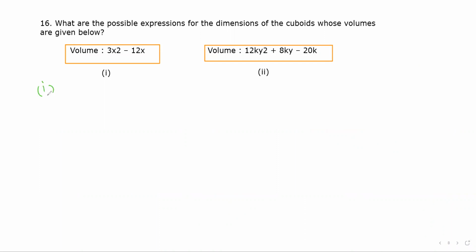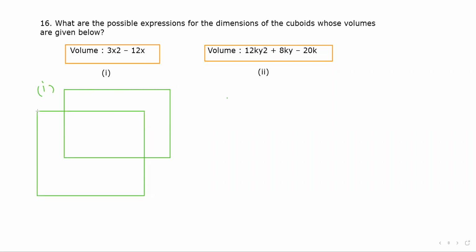The first part, here in the next question, what are the possible expressions for the dimensions of the cuboids whose volumes are given below? Now, the next question is for cuboids and volume. So, cuboid has length into breadth into height, and it can be drawn something like this.